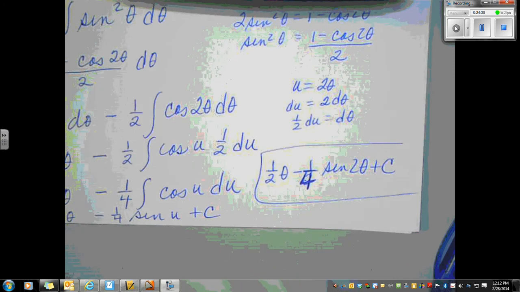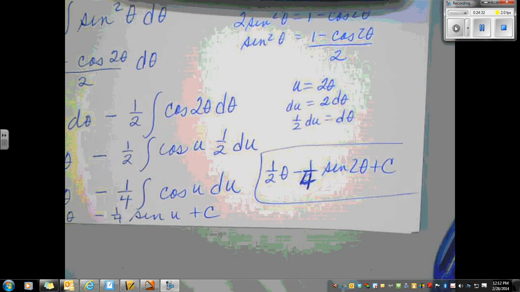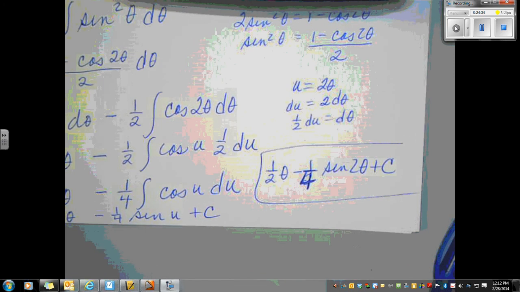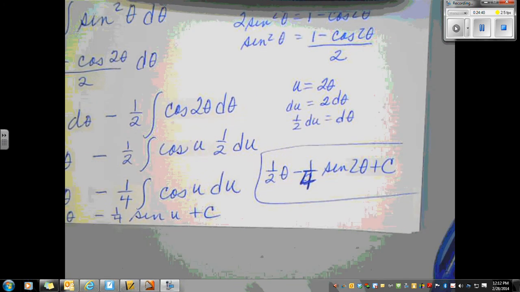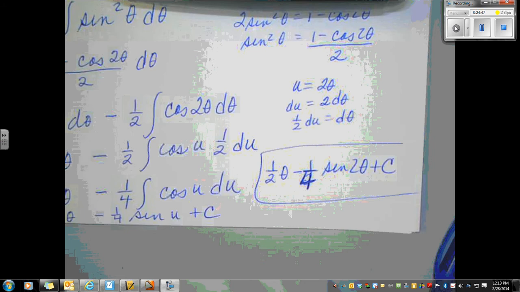Alright, let me see what else is on my notes. I have lots of notes. Oh! Memorize your chart. Okay? Like, this. Sine of 5 pi over 6.